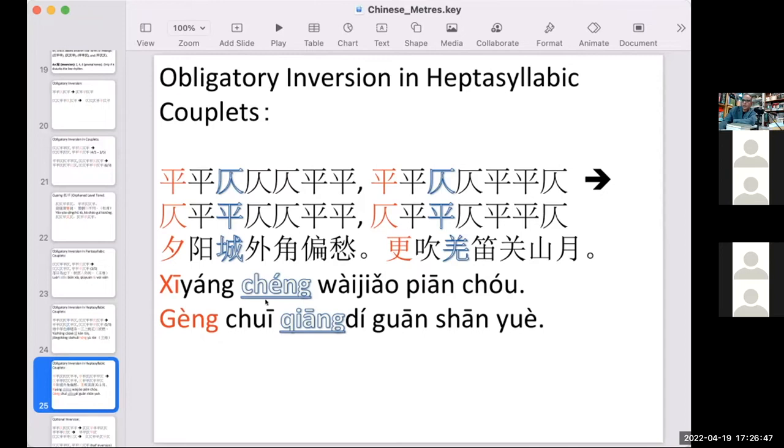And if we go to the second line, the third syllable he's supposed to change to ping, and he has changed it to ping, tiang. So he made three changes, though he also had the right, the option, the liberty, to change the first ping.